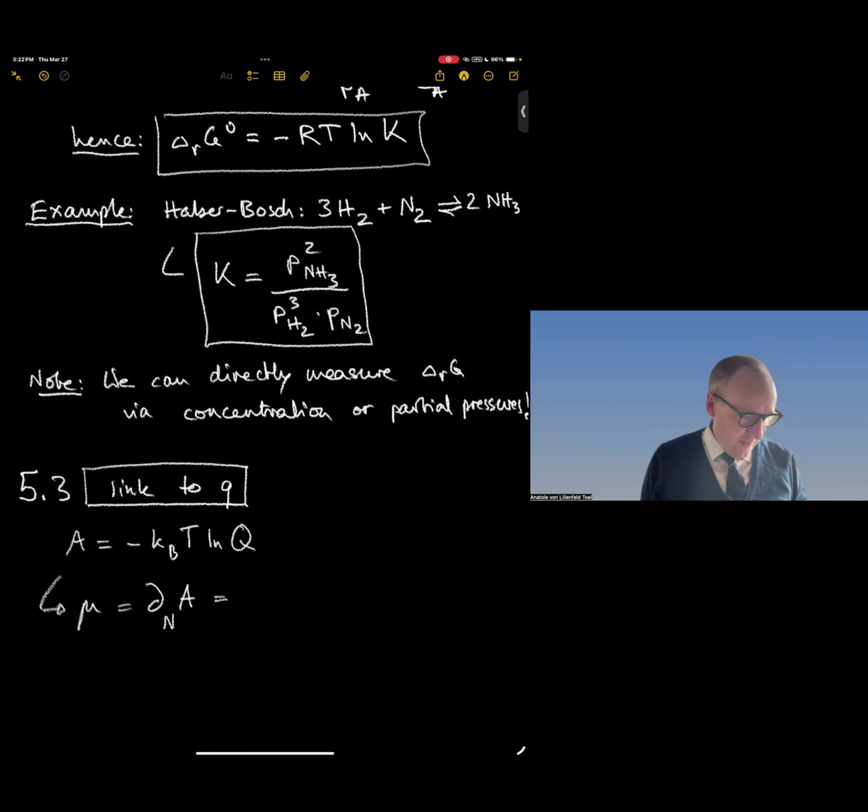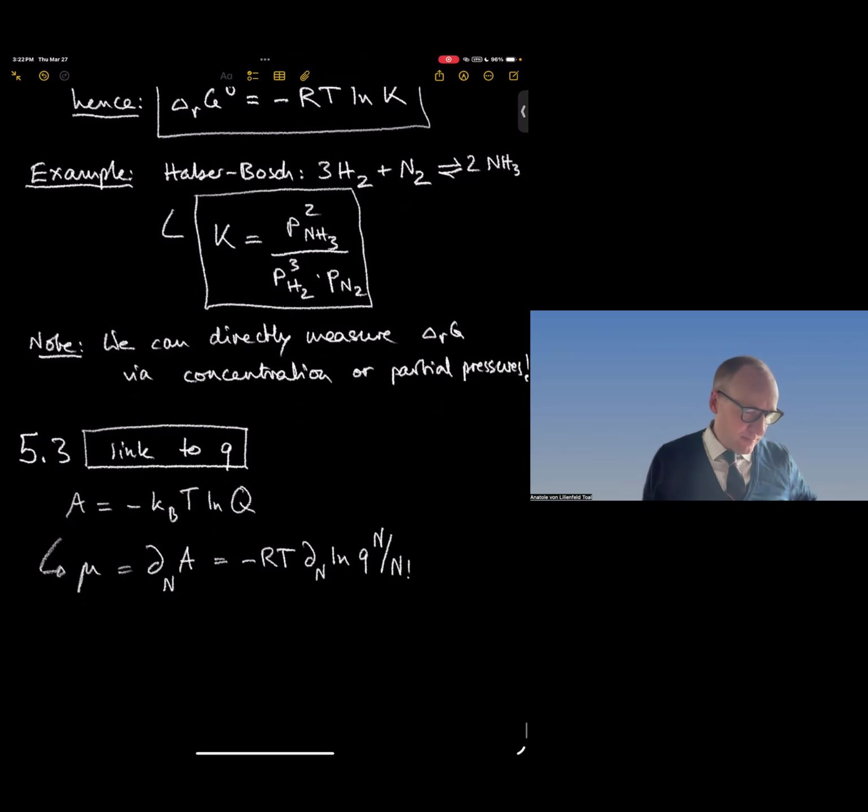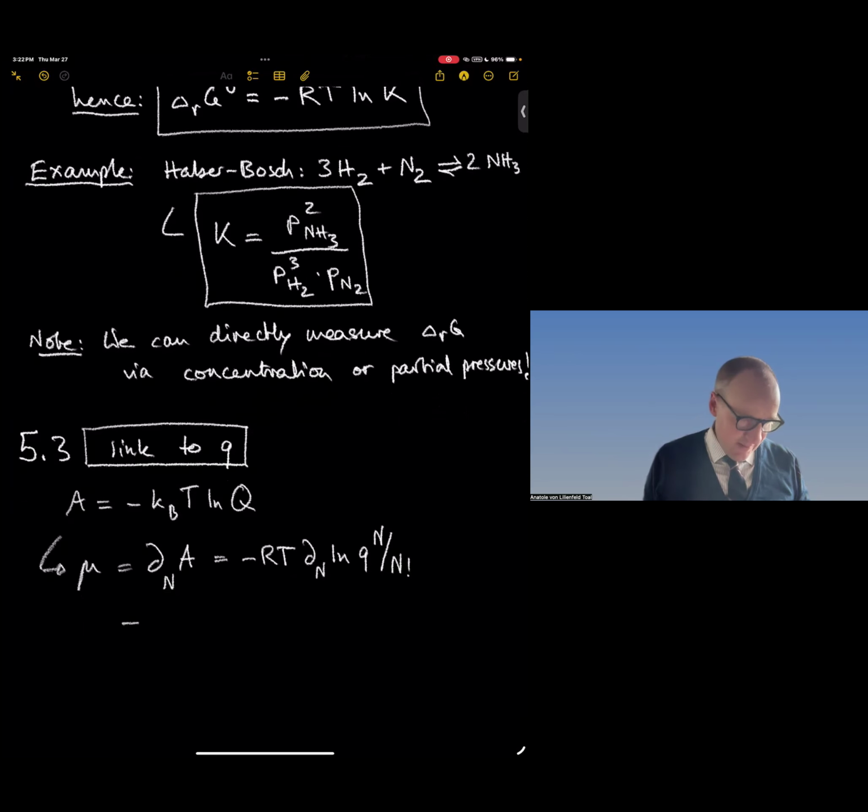And so we had already discussed that this is minus RT d_n logarithm Q^n, or Q^n over factorial n, and that this is the same as minus RT logarithm Q over n.